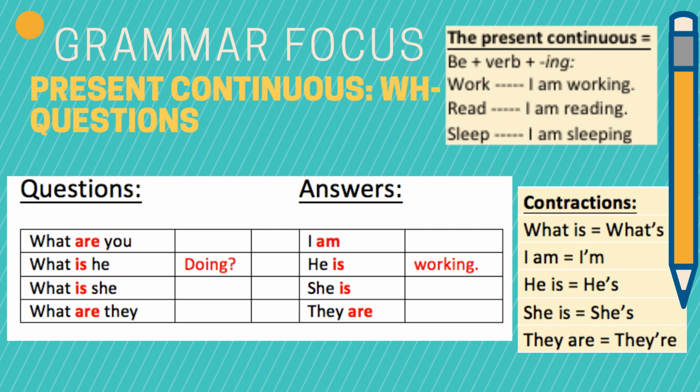When you hear the word doing in a question, you know the person is asking about something that is happening right now. What are you doing? I am working. Or I'm working. What is he doing? He is working.